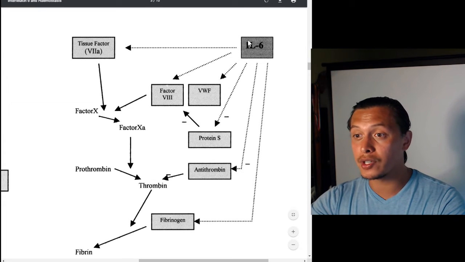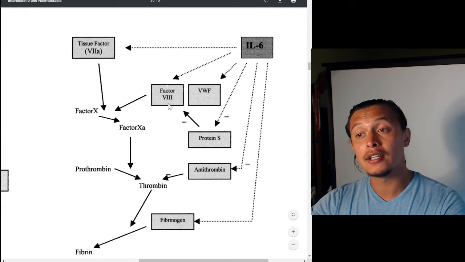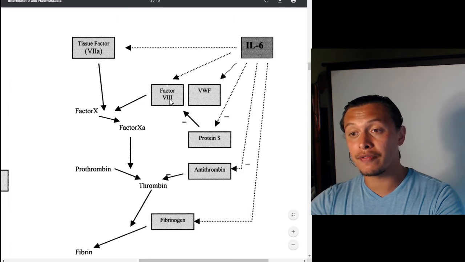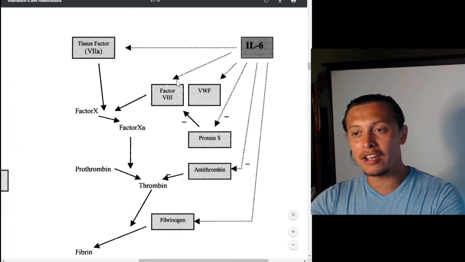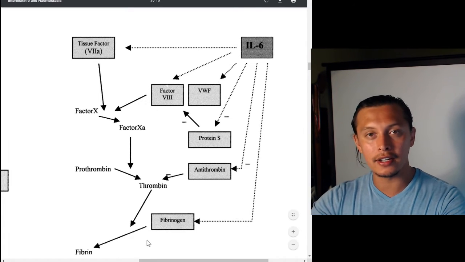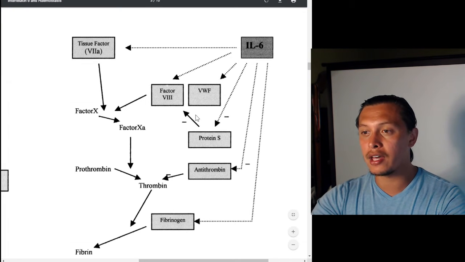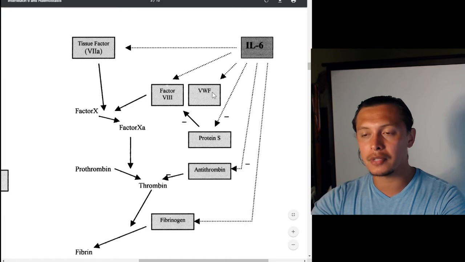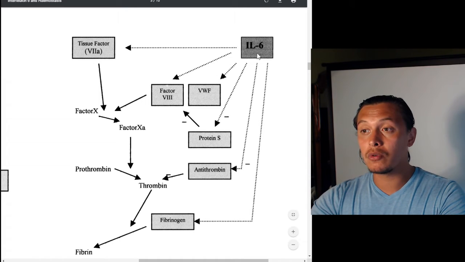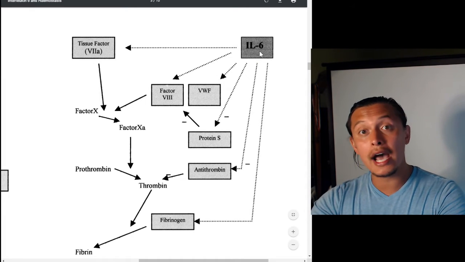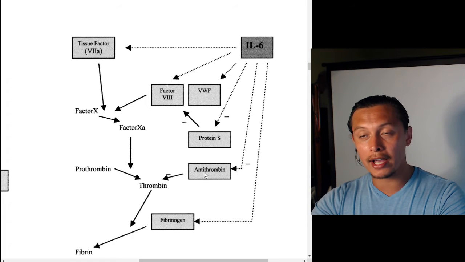Another way is interleukin 6 can interact with factor 8, and this interaction with factor 8 can also influence this cascade in another way as well. So those are two ways. A third one is through interaction with VWF, another protein. Interleukin 6 can also downregulate these anticoagulation proteins.